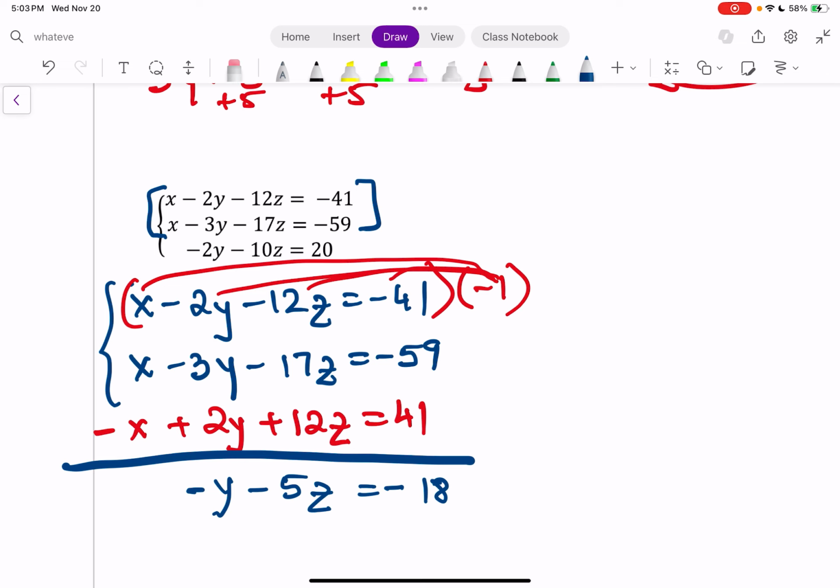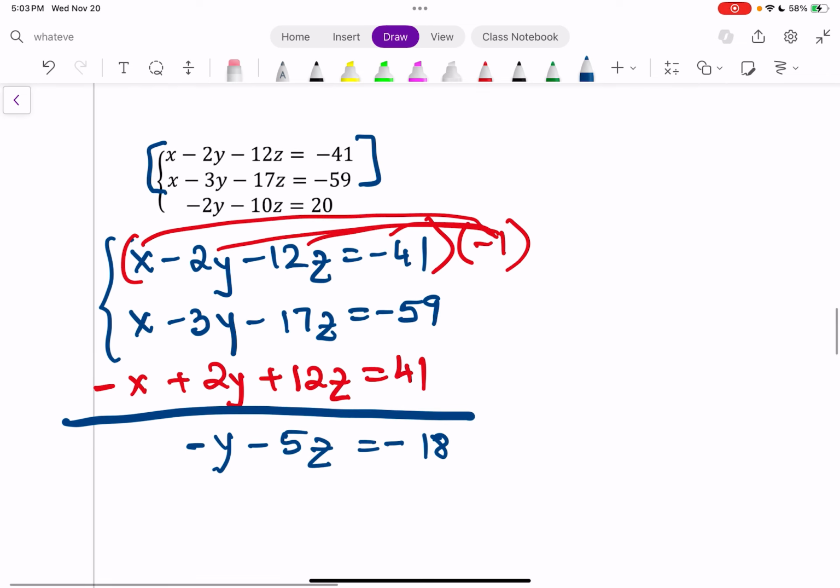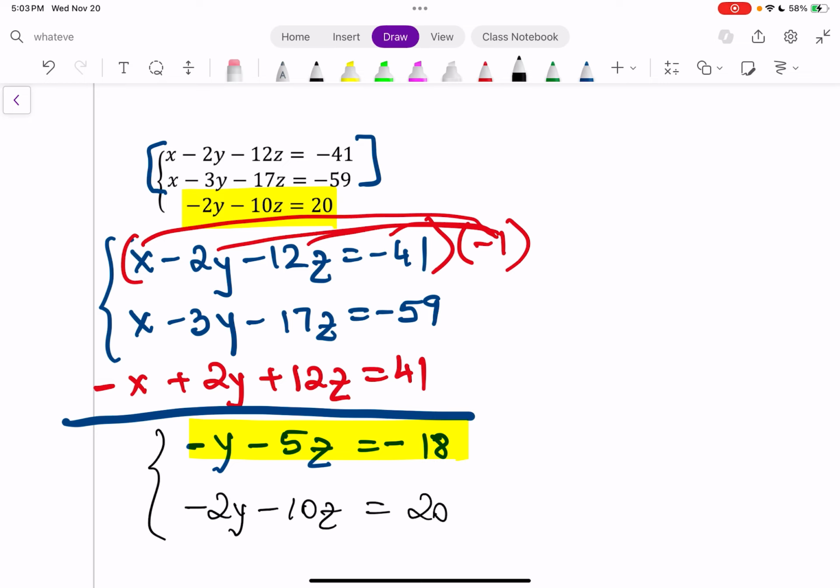Okay. So now I compare this equation with the other one. I didn't have to get rid of x again because the bottom equation didn't have an x. So now I have a 2 by 2 system.